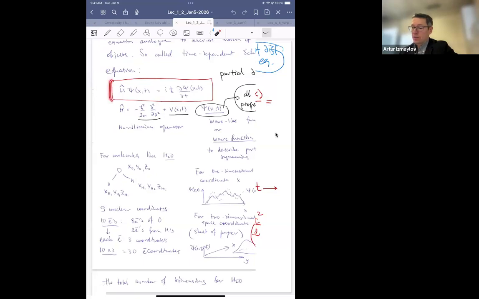So this is the fundamental equation that we will be solving, and it has this operator H essentially on the left hand side. The operator is nothing but just two terms, T plus V. T is the kinetic energy operator.